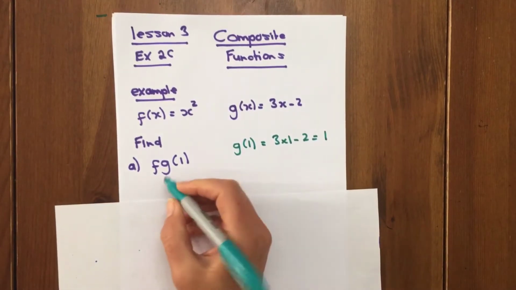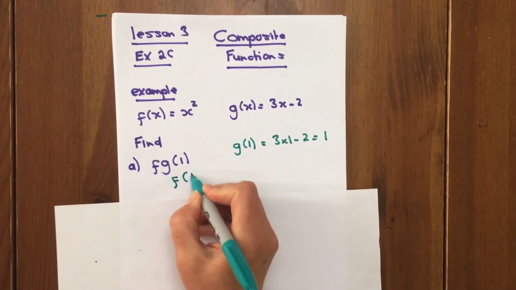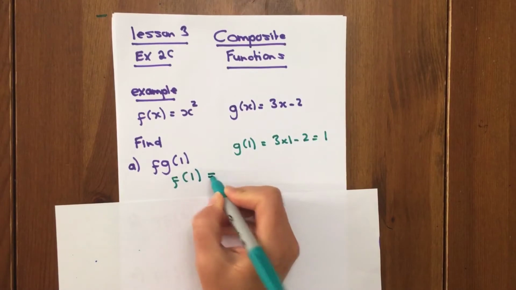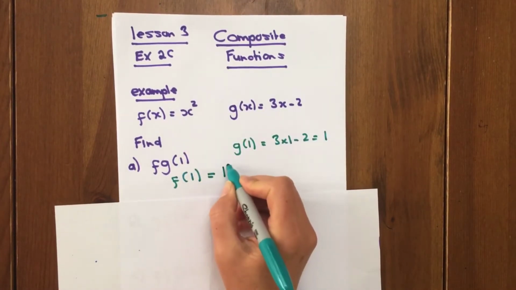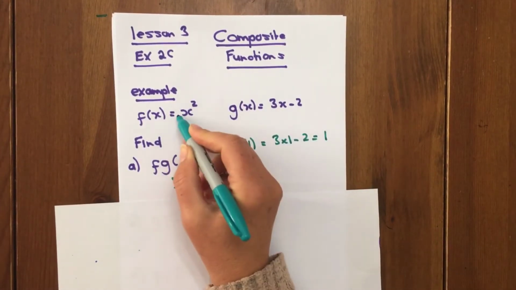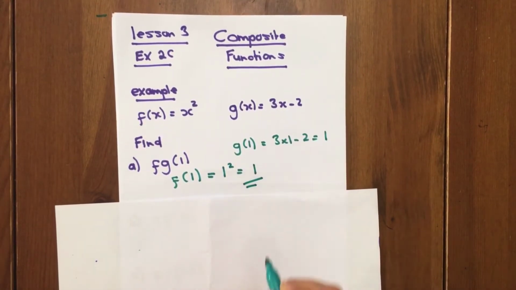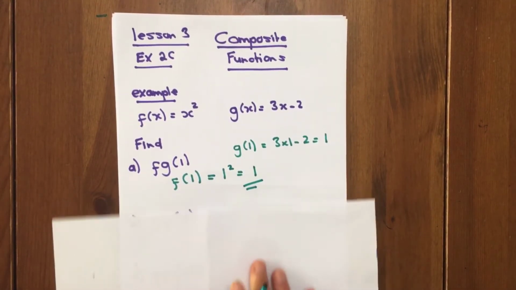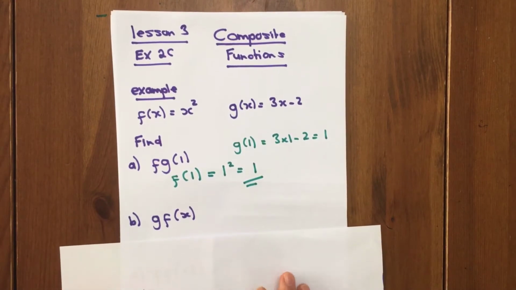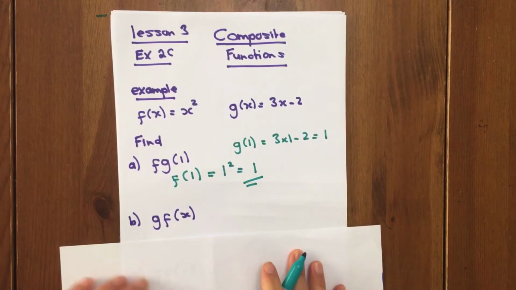So now I'm going to do f on 1. And f on 1 just means 1 squared because my f function is squaring, so I get my answer as 1.